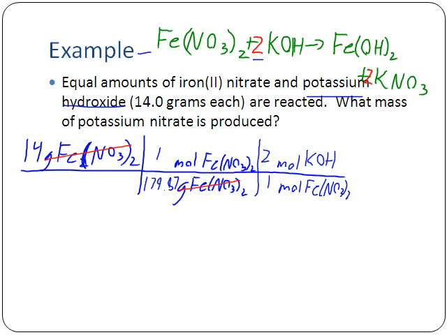From there, once again, we want to cancel out our units. Moles of the iron compound are gone. That means we can go to our next step. We can continue this out. We can go from moles of potassium hydroxide to grams of potassium hydroxide.